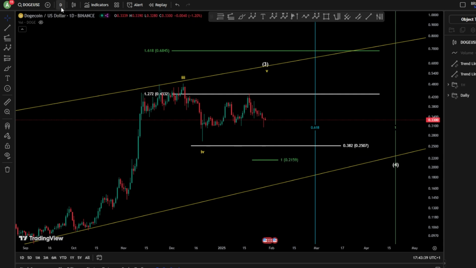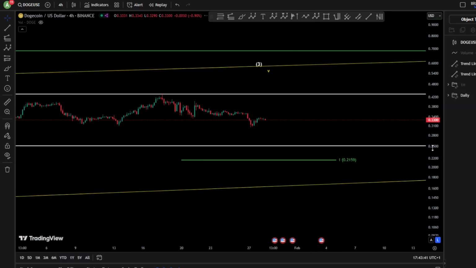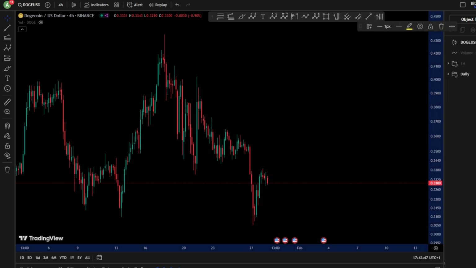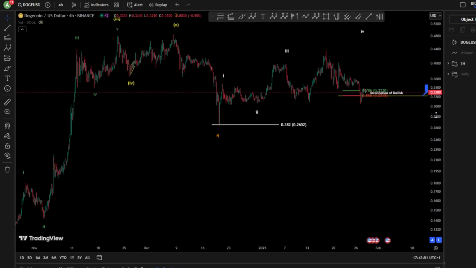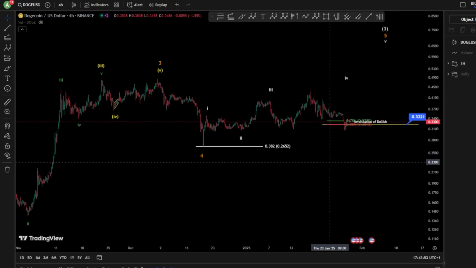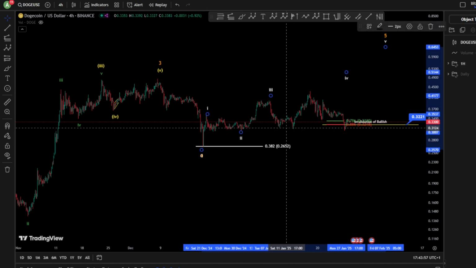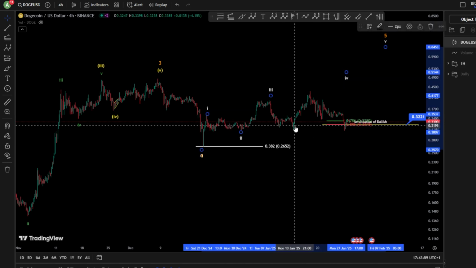Let's move to the 4-hour chart to dive a little bit deeper inside this wave. Looking at what we had before, we had a 1, 2, 3, 4, 5. Okay, that is an invalidation because the wave 4 has taken the low.